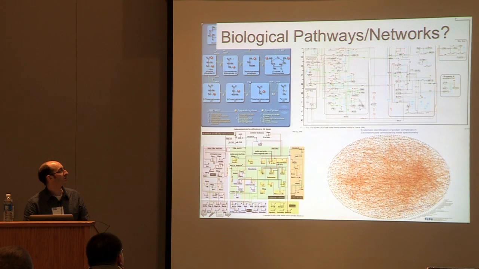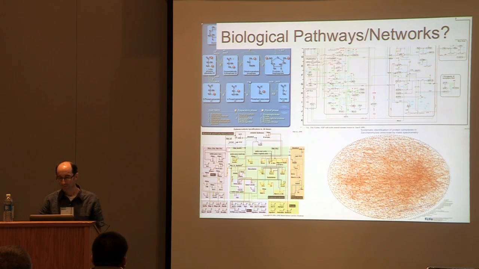A lot of these pathways are networks, but they have richer information, and they often have some information about causality in the system, whereas networks usually say just that two things are related. You don't always know a direction on the arrow on the edge.